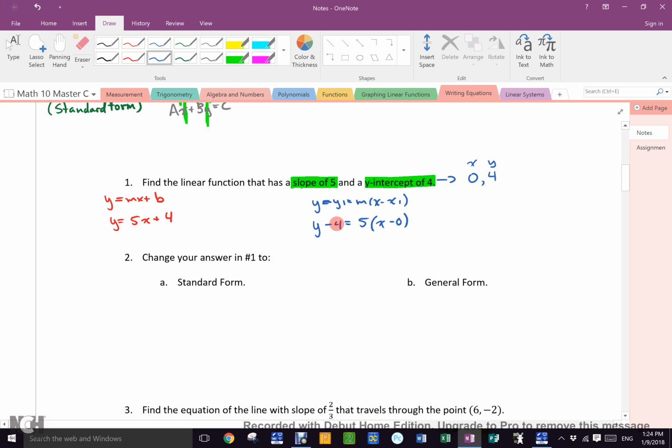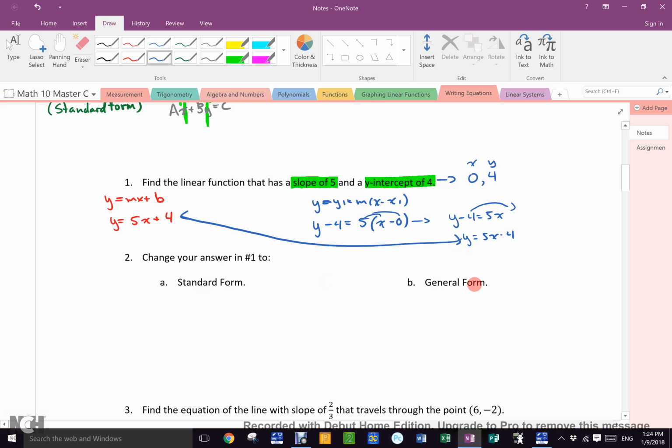Now please notice, if I take this and I get rid of these brackets, I get y minus 4 equals 5x, don't I? And then if I brought that over here, what would I have? I would have slope-intercept form. Is everybody cool? If you have the slope, you can almost always do point-slope form or slope-intercept form. 99% of the time. Everybody good?